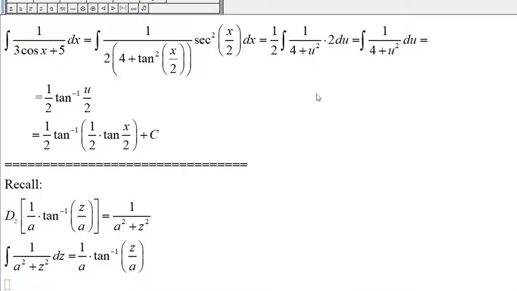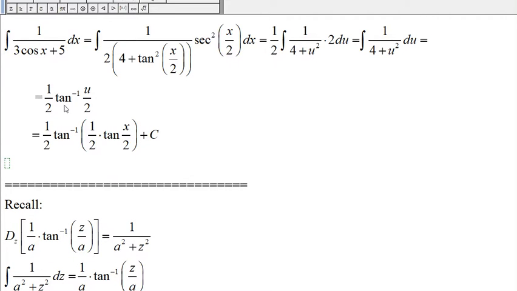So let a squared be 4, and then let z squared be u squared. So a squared is 4, so a is 2. And so we get 1 over 2. And z squared is u squared, so z is just u. And that's how we end up with 1/2 times tangent inverse of u over 2.